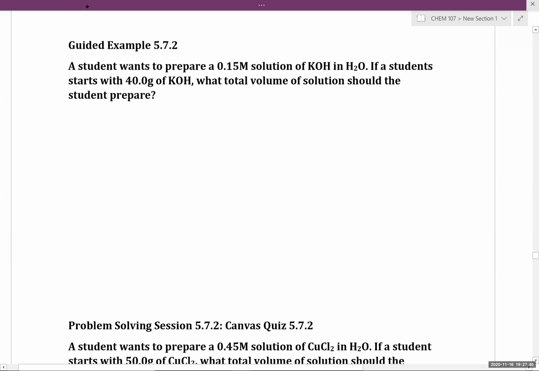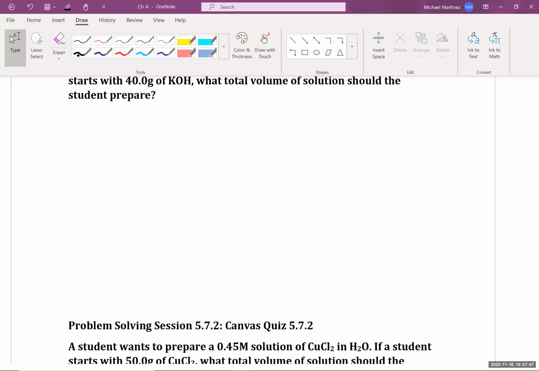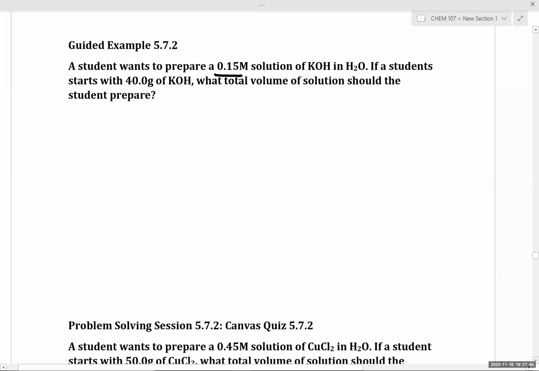So in this case, we're given that a student wants to prepare a 0.15 molar solution of potassium hydroxide in water. If the student starts with 40 grams of potassium hydroxide, what total volume of solution should the student prepare? Okay, so we're given the grams of potassium hydroxide, and at the end, we want to get the liters of solution.